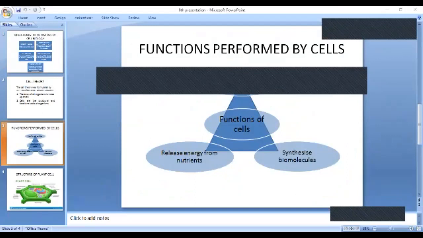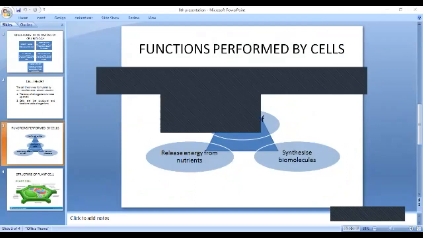All of these are synthesized with the help of the cell. So the cell has a function, synthesis of biomolecules. Later you will study what hormones are. Enzymes, hormones, carbohydrates, fats and proteins are all synthesized with the help of the cell.